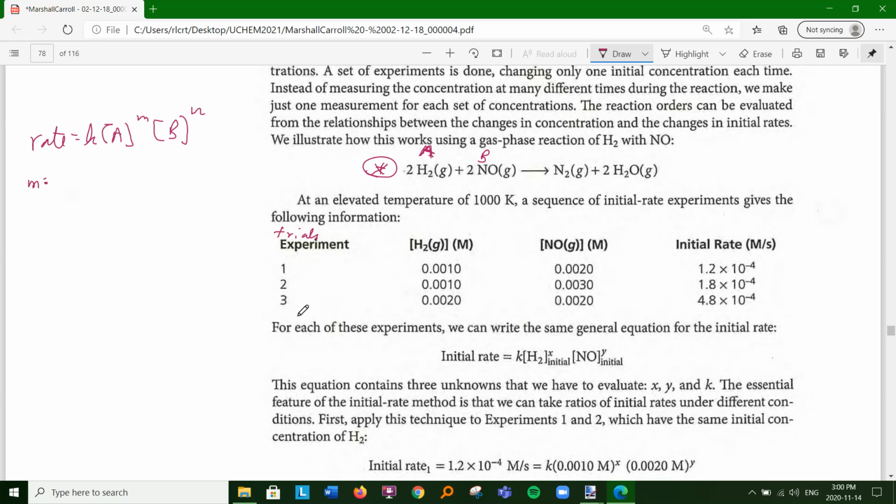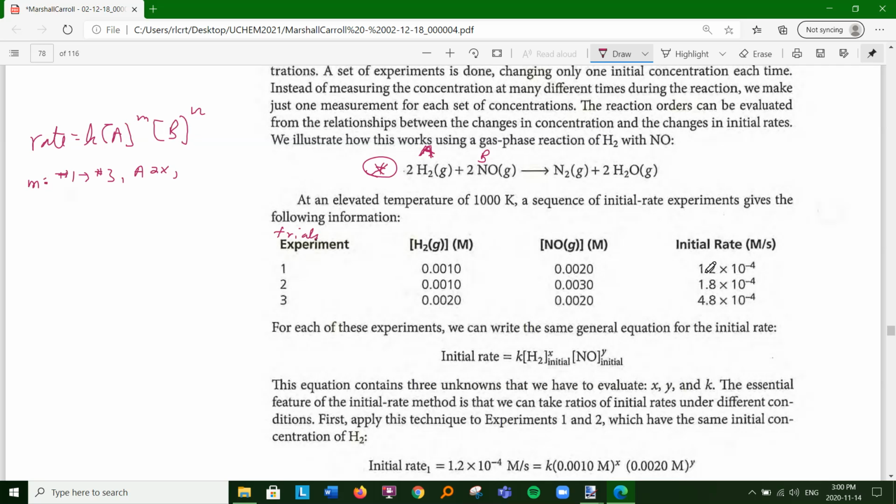So I'm sifting through these 3 trials, and I say, okay, going from trial 1 to trial 3, I see that the NO stays constant, but the H2 goes from 0.001 to 0.002. So that's my A. So the A doubles, and then I look at the rate.